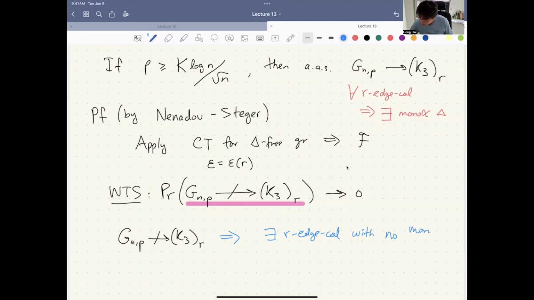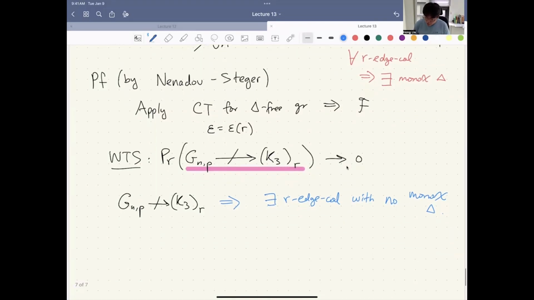No monochromatic triangle. This is what it means. And what does that mean? This is equivalent to saying G(n,p) can be r-edge colored with no monochromatic triangle.